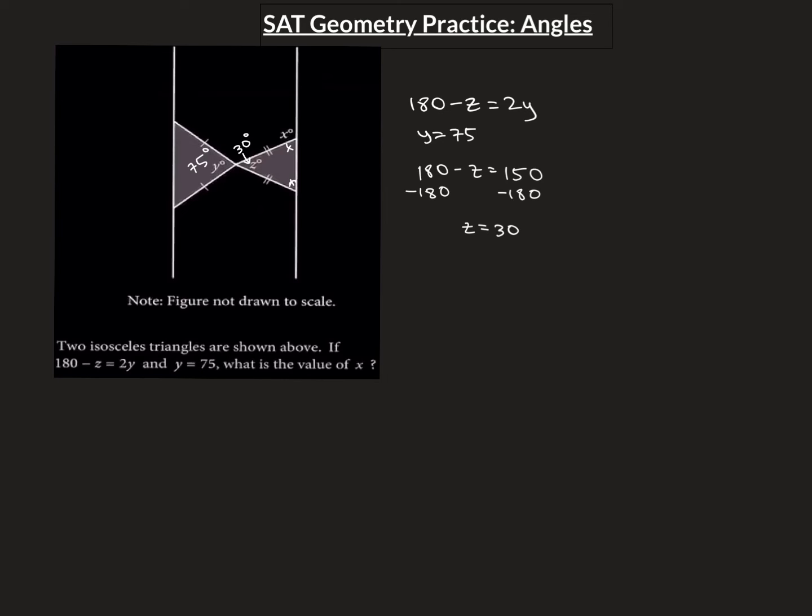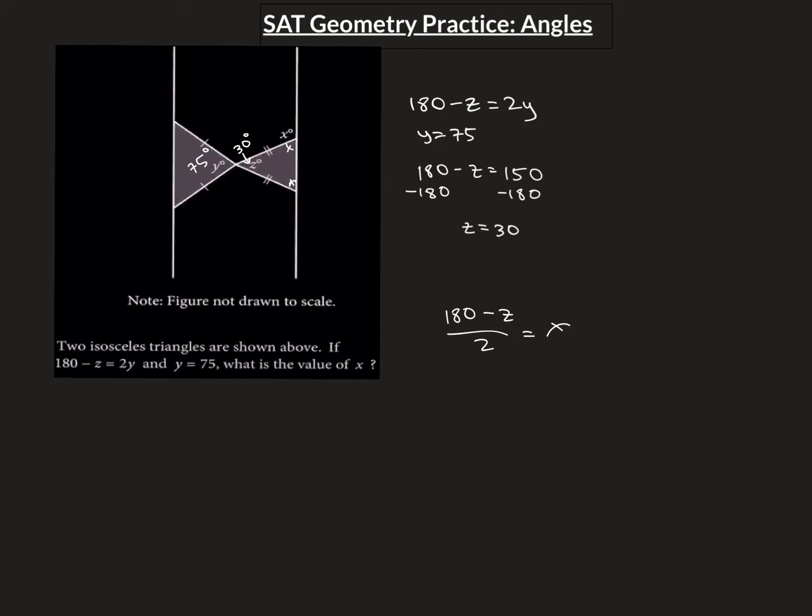So for this z triangle, we can do 180, which is the total sum of all the angles in that triangle, minus z, divided by 2, is equal to, let's just say, this angle. That is because we're taking the sum of these two bottom angles by subtracting z, and then we divide by 2, so that we get only one of the angles.